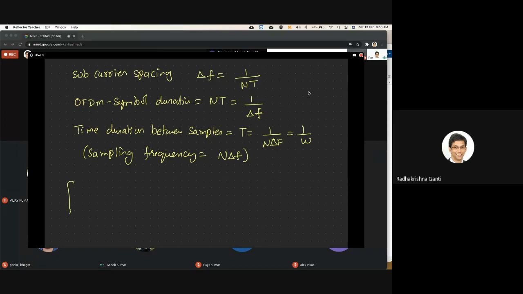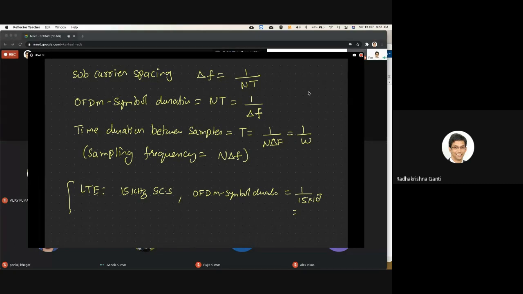Okay, so let's look at LTE once. In LTE, we have only 15 kilohertz subcarrier spacing. So what will be my OFDM symbol duration? It will be equal to 1 by 15 into 10 power 3.